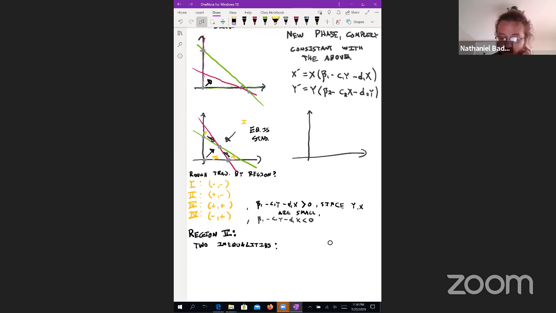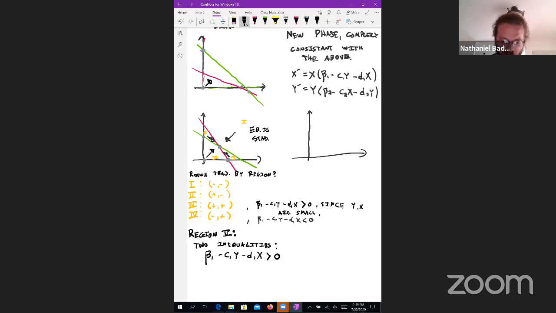The first inequality is in terms of the x null line. So it's going to be beta 1 minus c1y minus d1x is greater than 0.